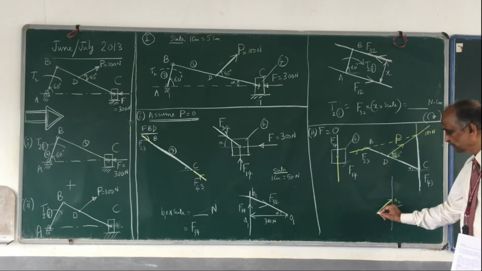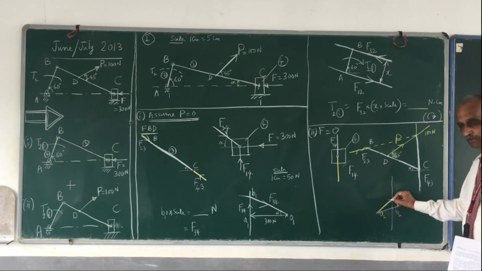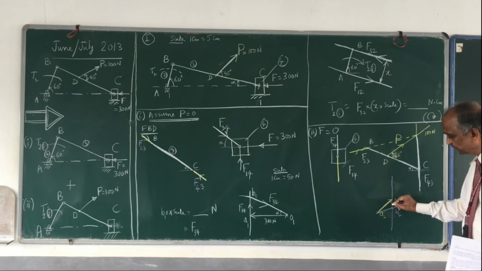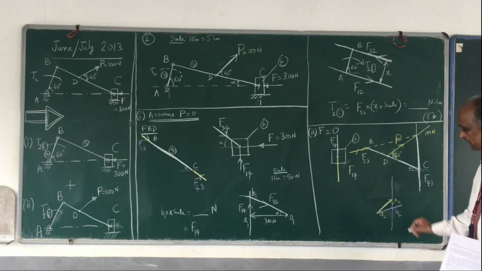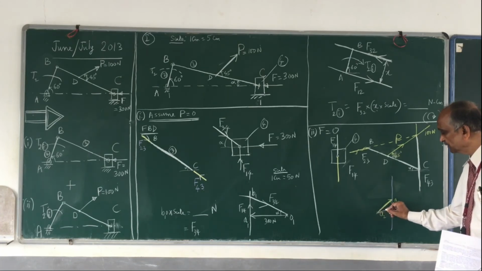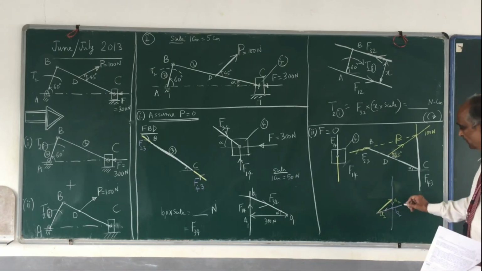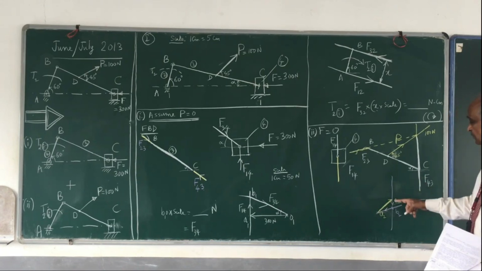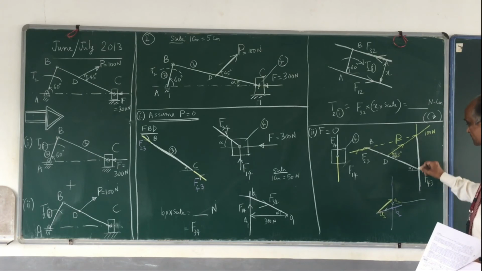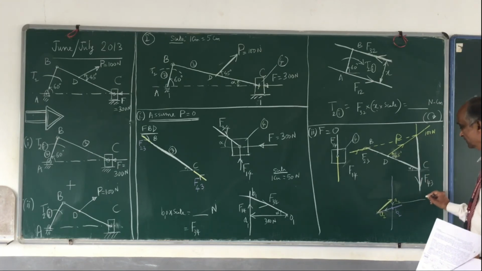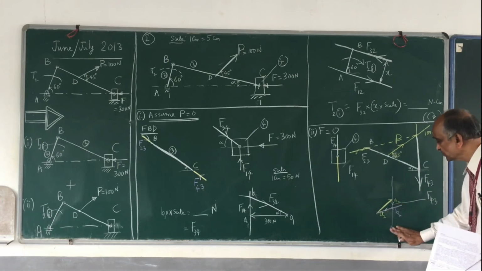Now I come back and mark the directions. This is your O2, this is your A2, first force. Then A2B2 is your second force. Then B2O2 is your third force. And what is A2B2? A2B2 downwards, which is this force. That is nothing but F43. And what is this force?